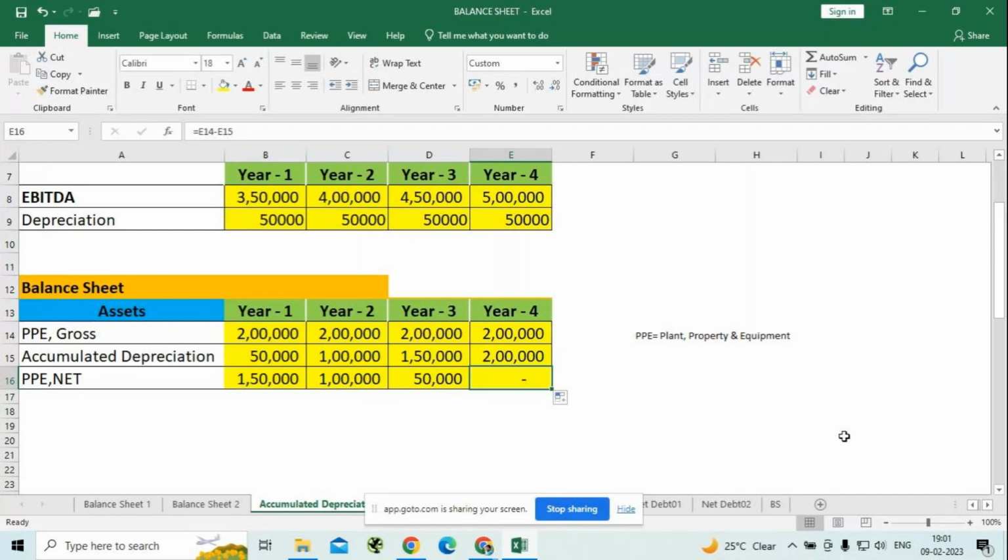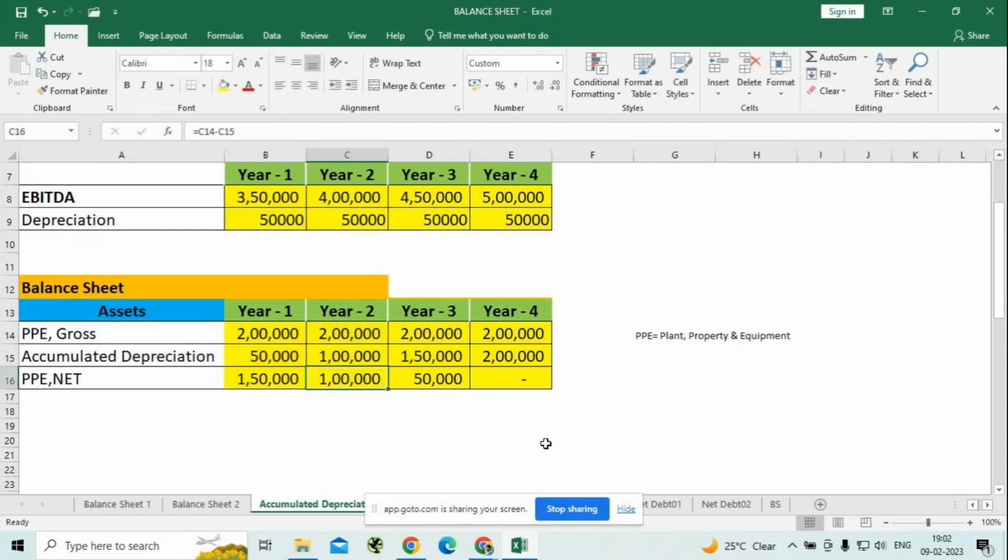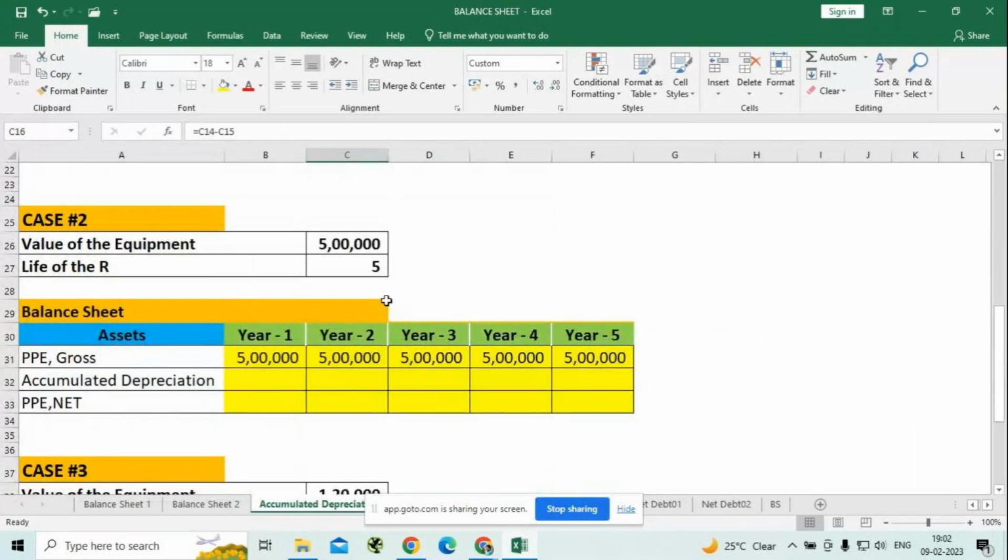Okay, so I'll just put this. You can see the calculations that I have done. So kindly go through this and please practice in the same way. Okay, so I have given case number 2.